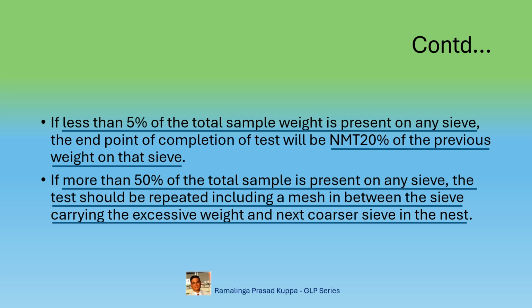In this case, for example, if more than 50% of the total specimen weight is found on the 63 micron sieve, the 75 micron sieve should be placed between 63 micron and 90 micron sieves in the sieve nest and repeat the test.